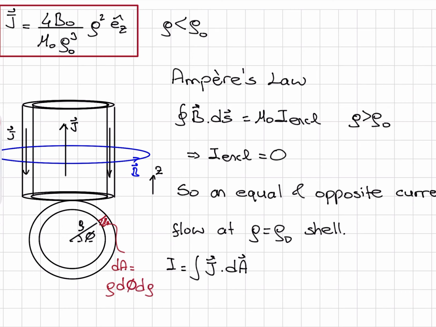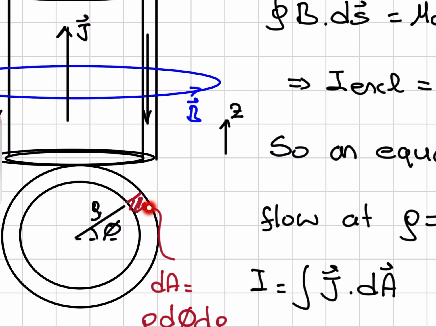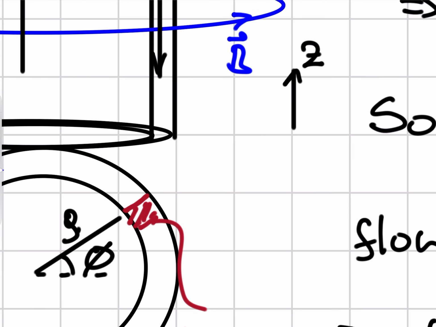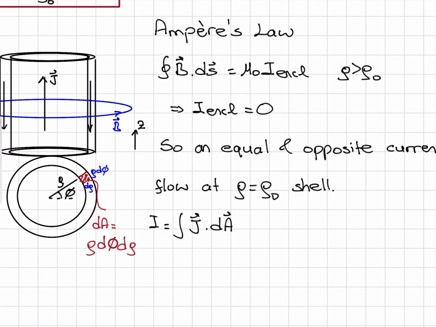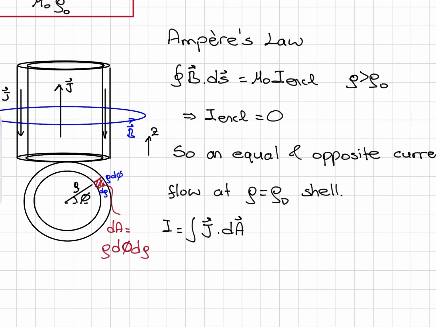So if you look at this, this part is d rho, this part is rho d phi. So we have this differential area.